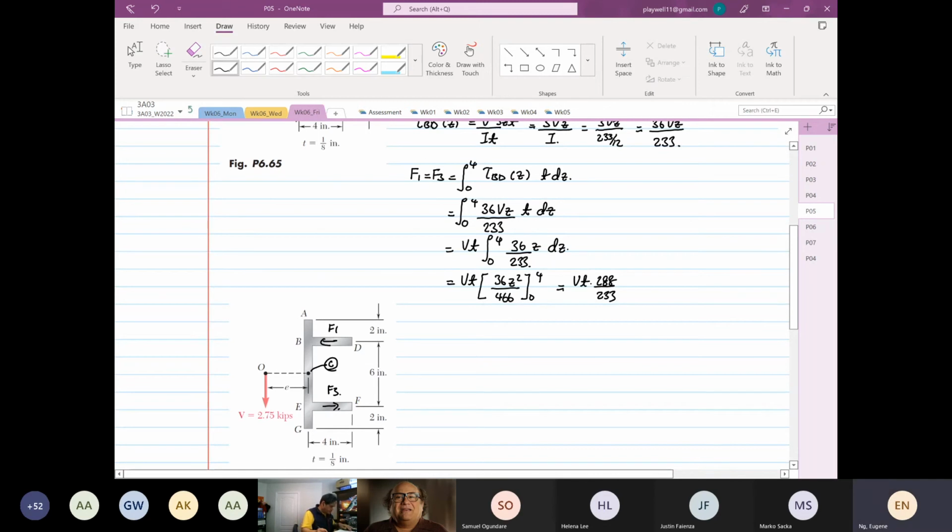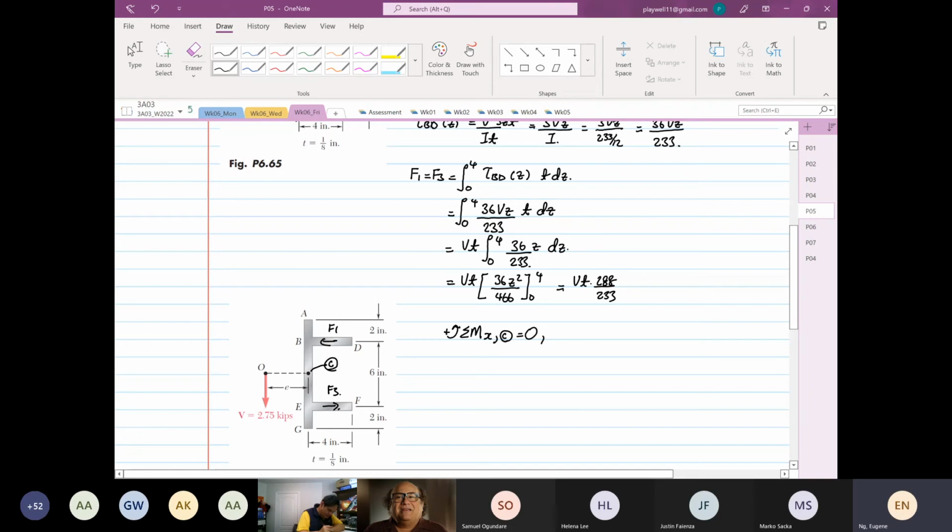So from here, we are going to take our moment. Rotation in the X at point C is equal to 0. So we know that it's going to be going anti-clockwise.